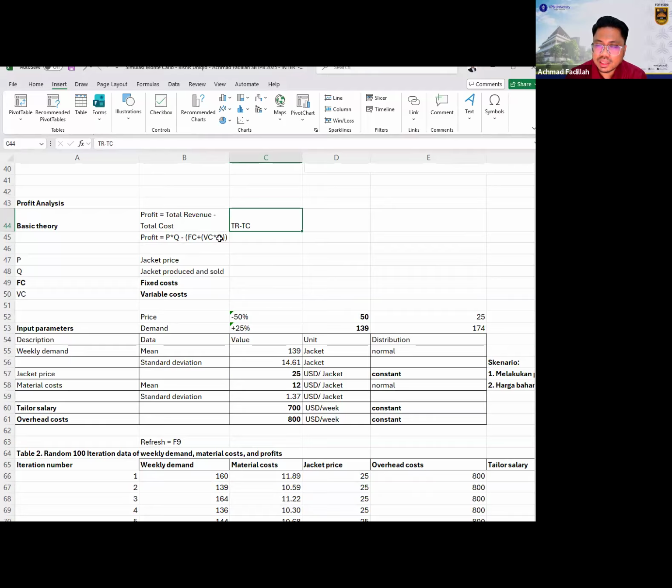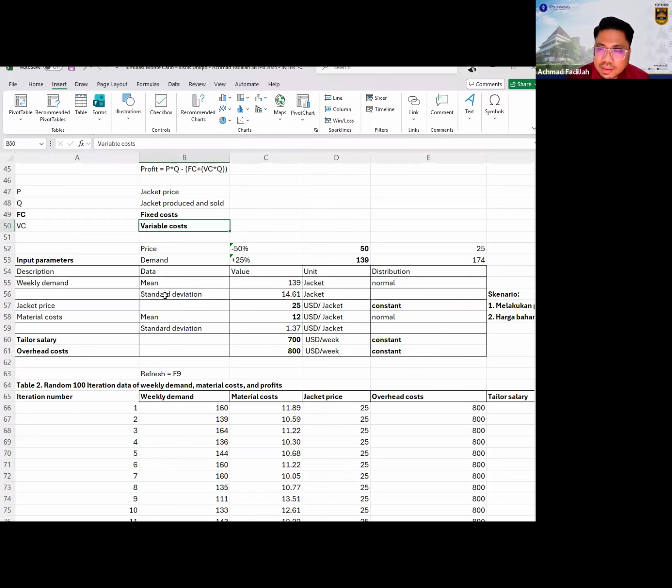We already discussed this a lot, and you also got this in the economics theory course before. The variable cost needs to be multiplied because it depends on the quantity, the jackets produced and sold. This is the fixed cost, and this is the variable cost.